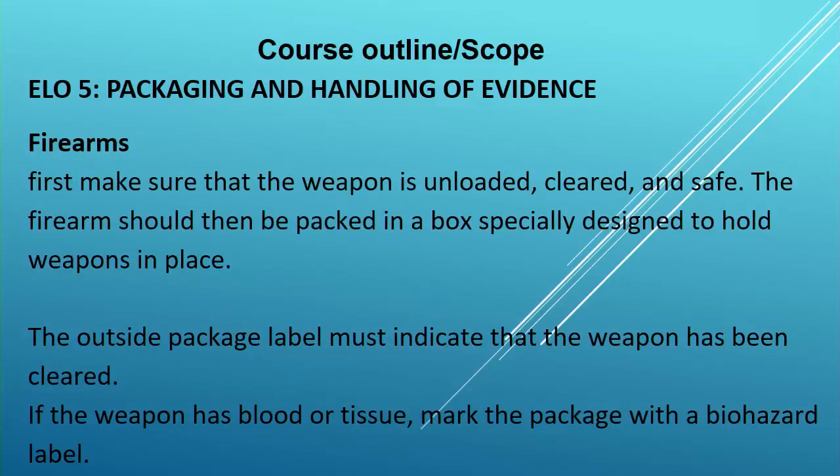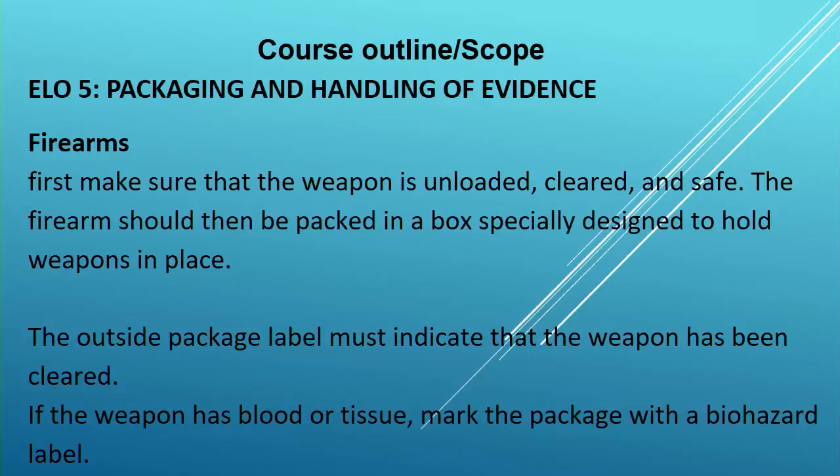Firearms. First, make sure that the firearm is unloaded, cleared and safe. The firearm should be packed in a box specifically designed to hold weapons in place. The outside package label must indicate that the weapon has been cleared.